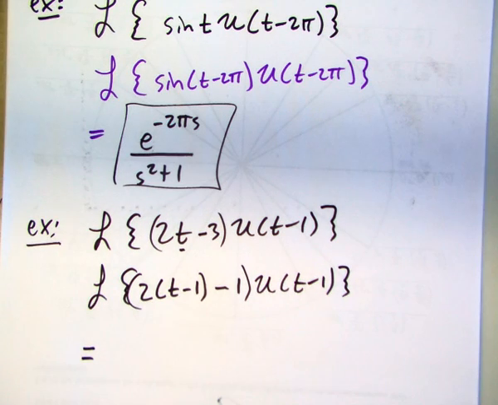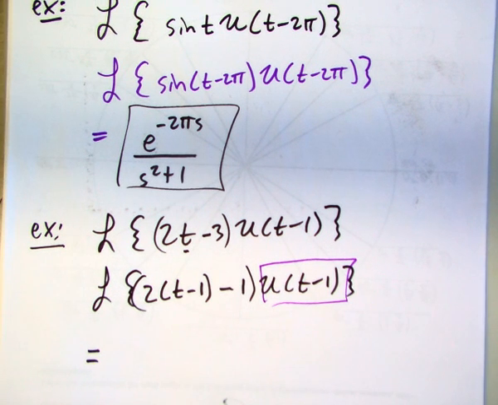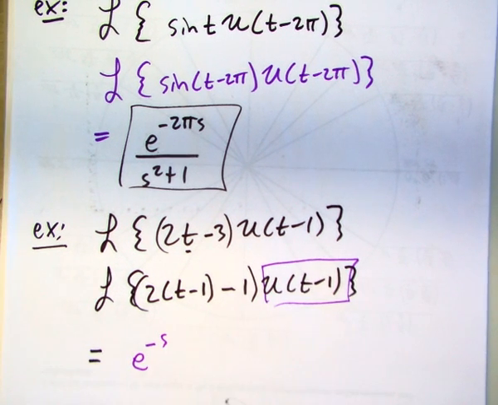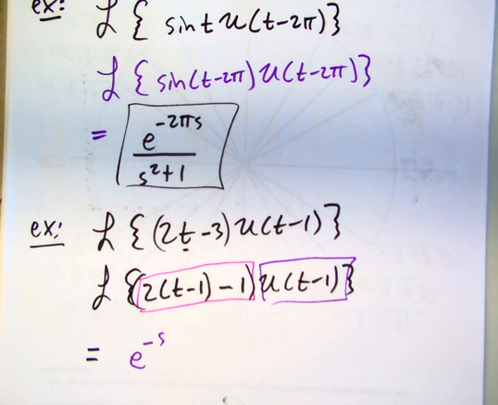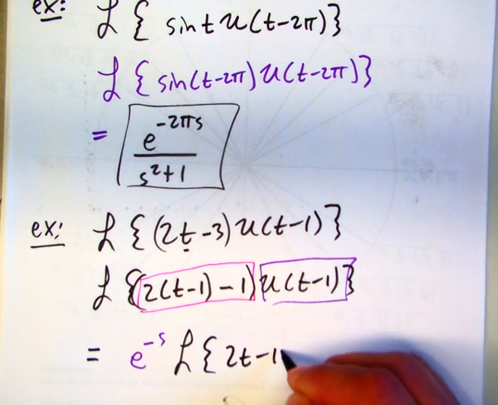So then now it's e to the minus s from that portion. This gets treated as 2t minus 1, right? So all we're doing is the Laplace transform of 2t minus 1, even though it doesn't look like it.